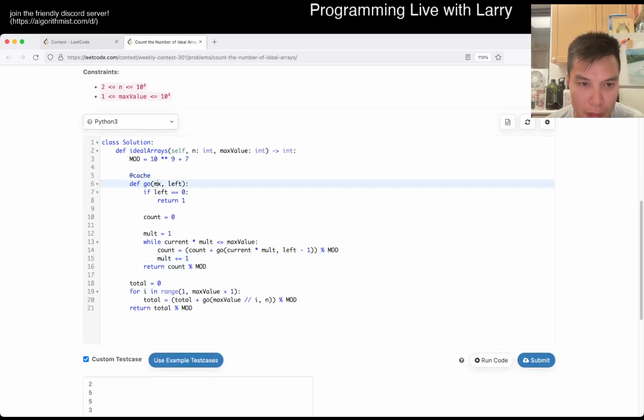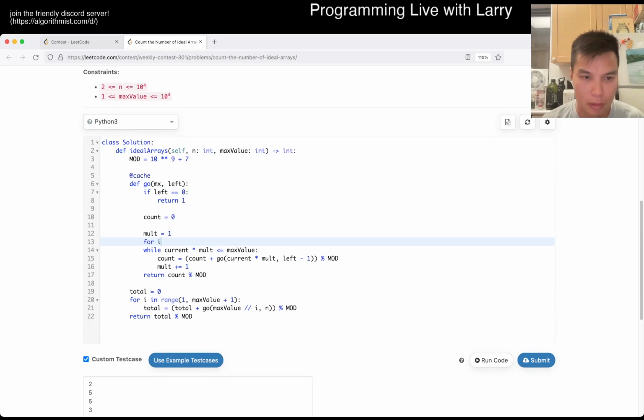Okay, now we have the max value, then we have. Am I doing this quite right? I don't know that I'm doing this right actually.